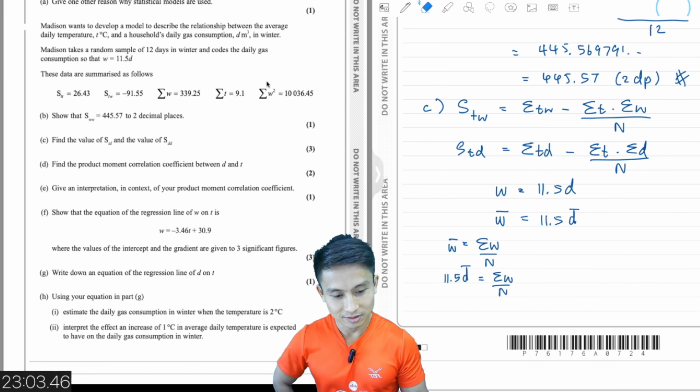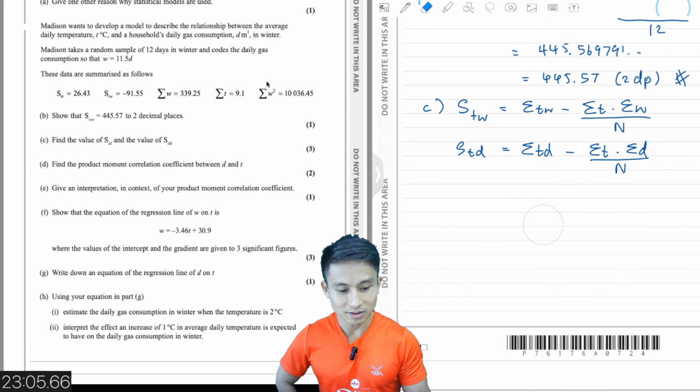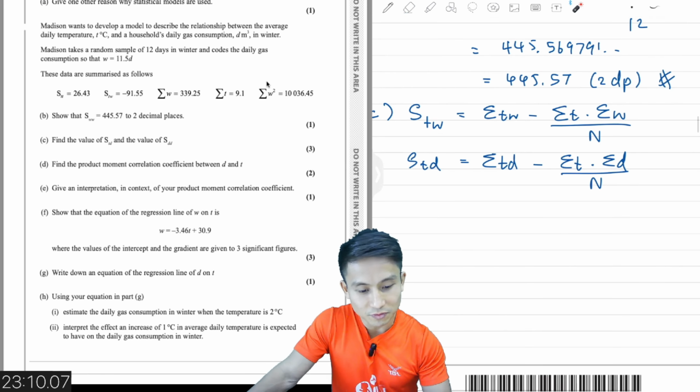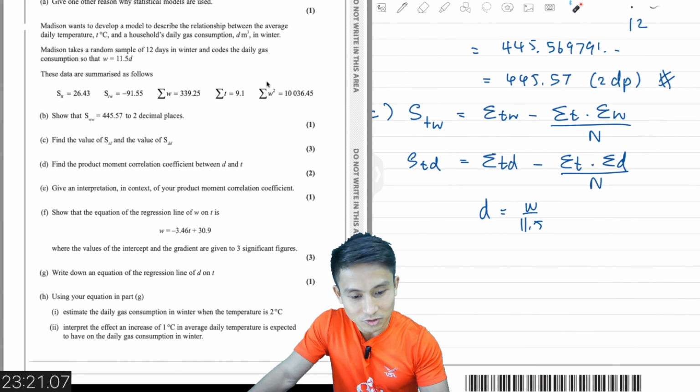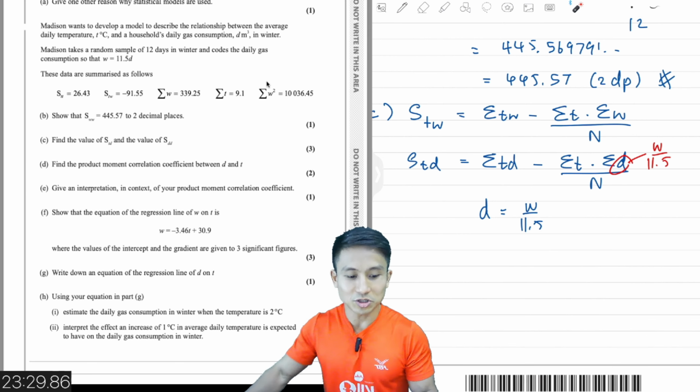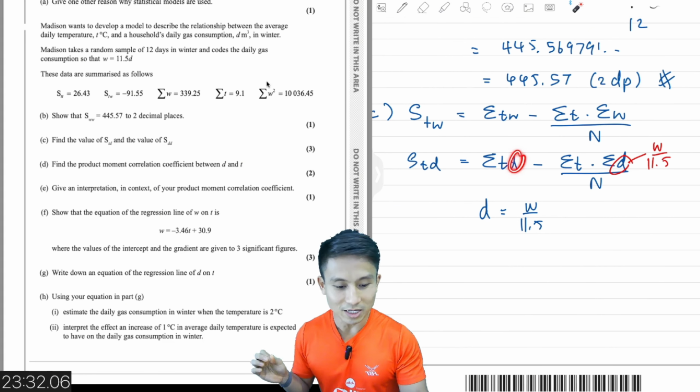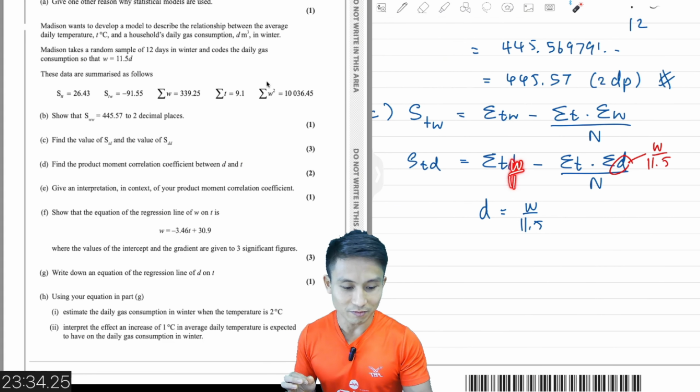Let me explain this way. When you change from W to D, because we know that D is W divided by 11.5, so instead of D down here, you're going to change D to W divided by 11.5. And imagine all the terms with the D will change to W over 11.5.